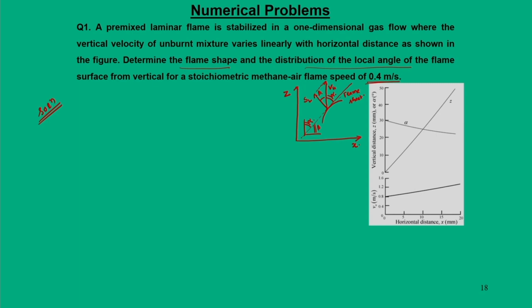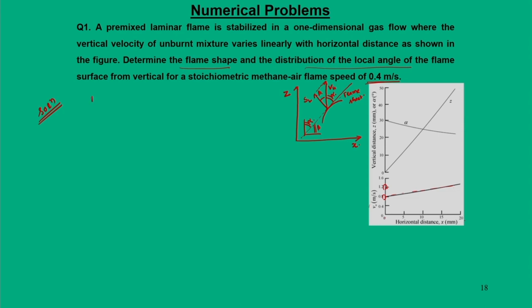What is the data given? The data is referred to with respect to the figure. Your vertical unburnt velocity varies over a distance of 0 to 20 millimeter, and the speed varies from 0.8 to 1.2 meter per second. This variation is linear. So, this linear relation is given.